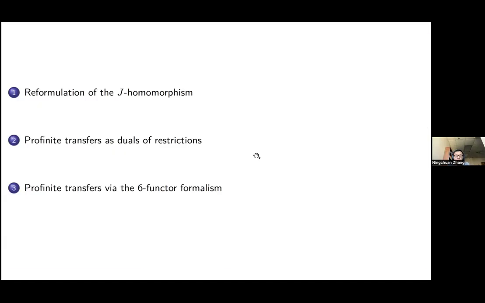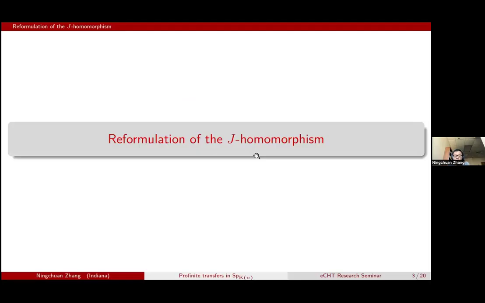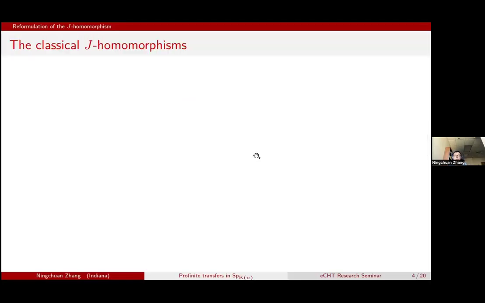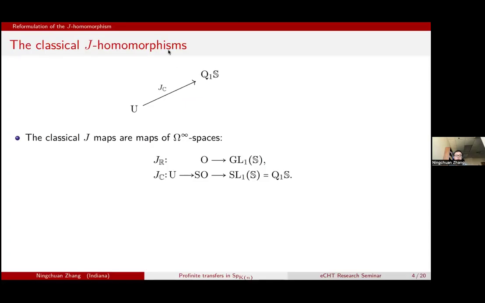So without further ado, let me start with the reformulation of the J homomorphism. The classical J homomorphisms are maps of infinite loop spaces. There are two versions, the real version and the complex version. In the real version, the source is the infinite orthogonal group. It lands in GL1 of the sphere spectrum, the group of units that Aaron just mentioned in his talk.